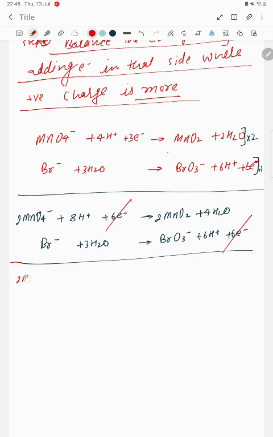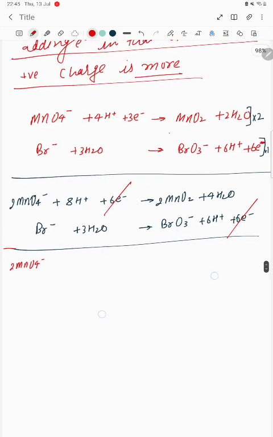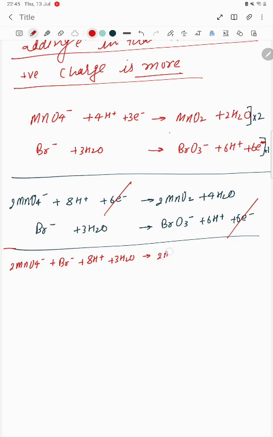So how can you add? 2MnO4 minus, plus Br minus plus 8H plus 3H2O. This side you go, 2MnO2 plus 4H2O.